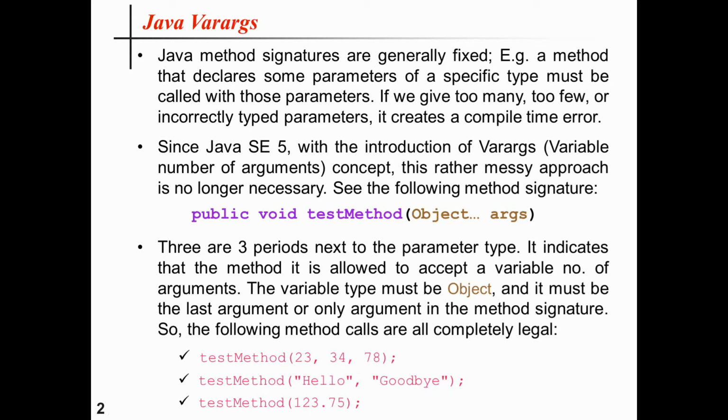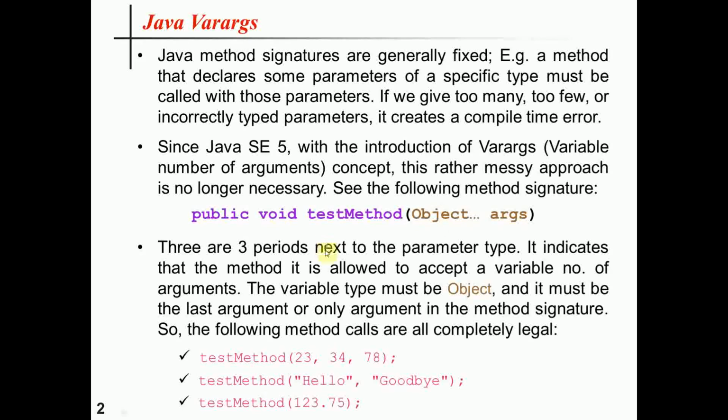Next, in the second method call we have two string type arguments being passed, hello and goodbye. Basically these string types are getting converted into Object type by auto boxing.